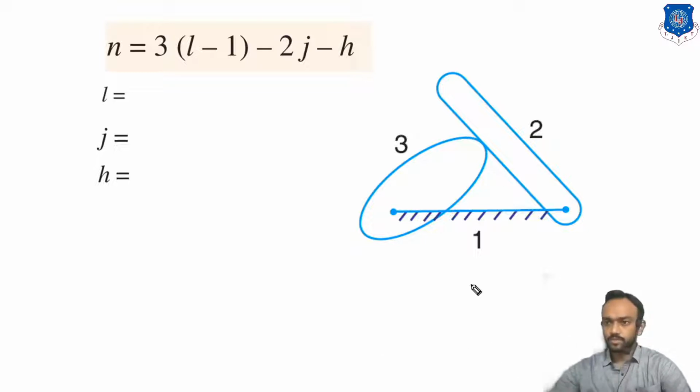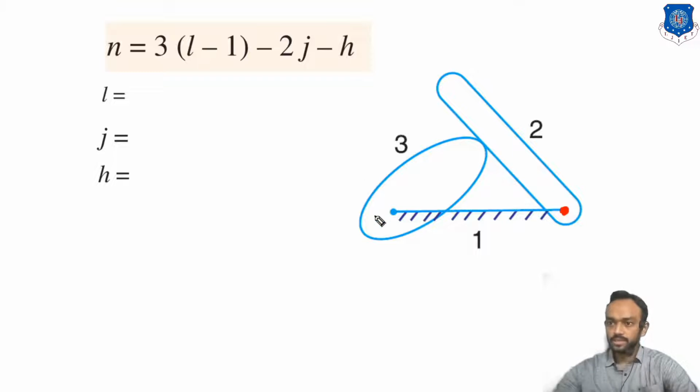You can see from this figure the number of links is already given: link 1, link 2, link 3, so L is 3. How many joints are there? J is the number of lower pairs and H is the number of higher pairs. First of all, we have to find which are the joints. Between 2 and 1, this is the point; this link will oscillate when this is rotating, so this is joint number 1.